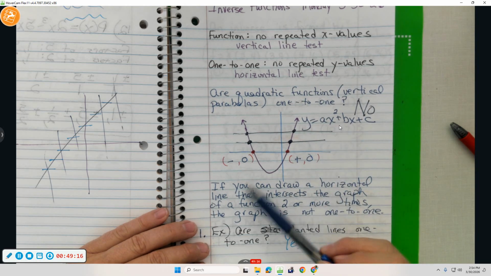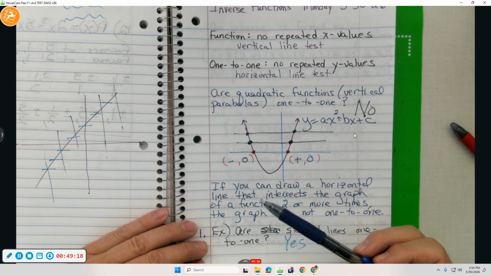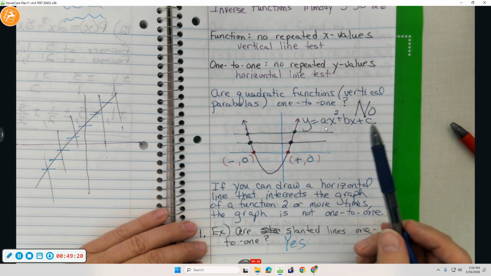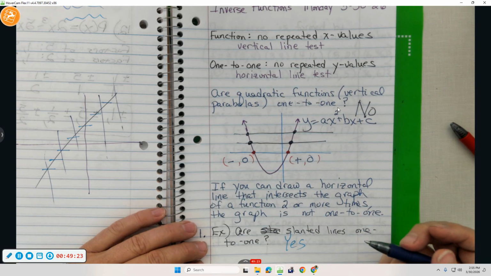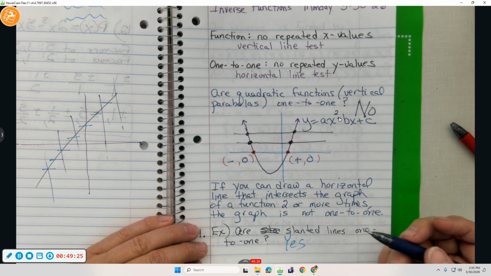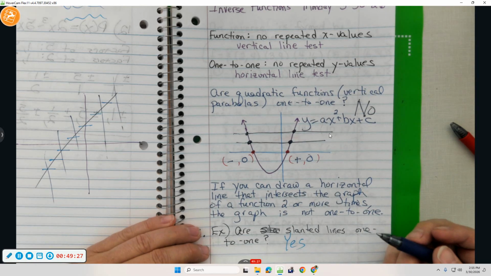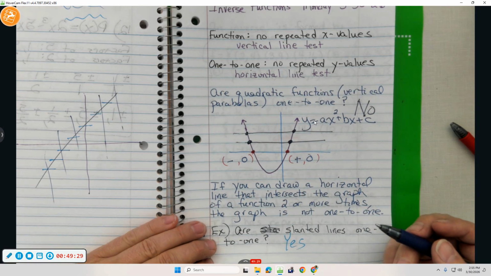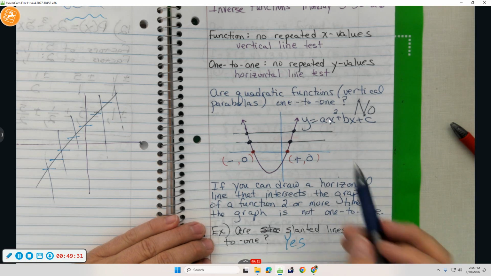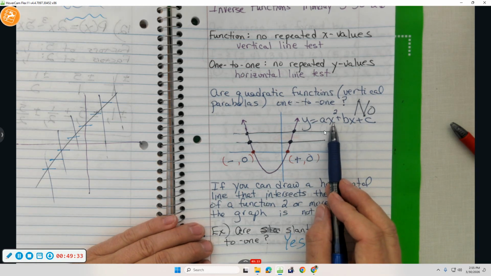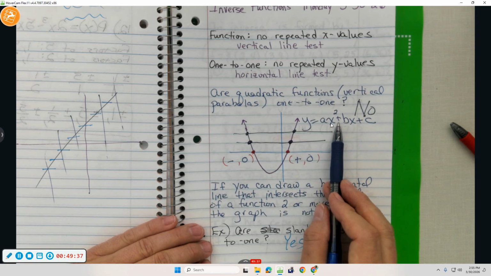Whether you plug in a positive 5 or a negative 5, you're going to get the same thing. Those even exponents. Think about when you raise a number to an even exponent.